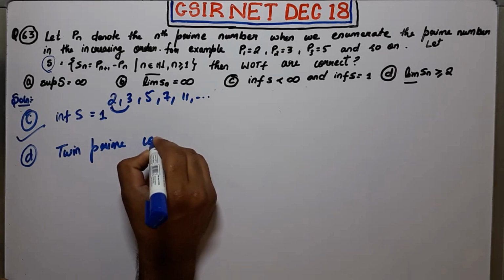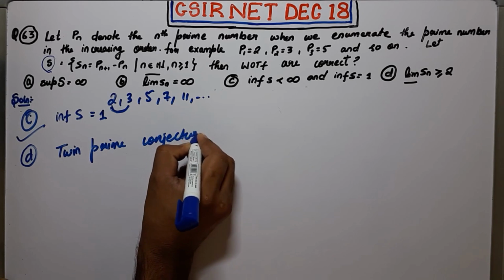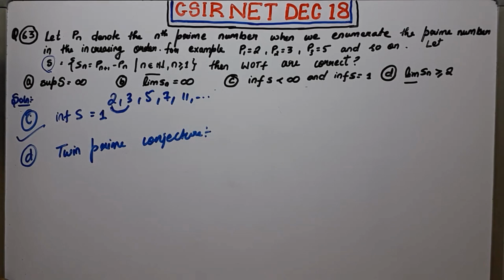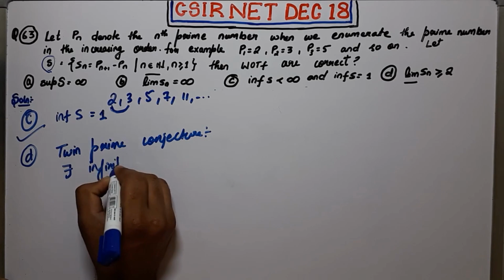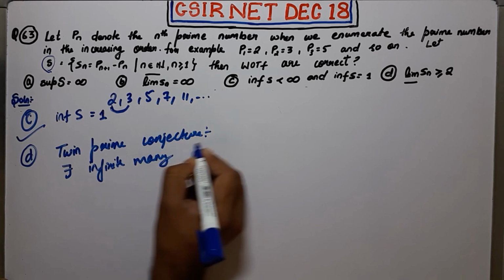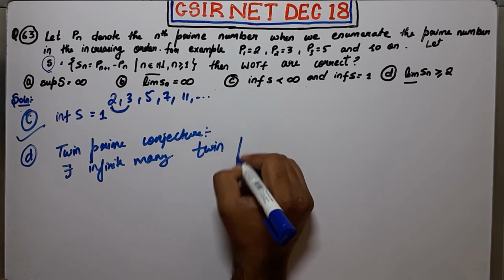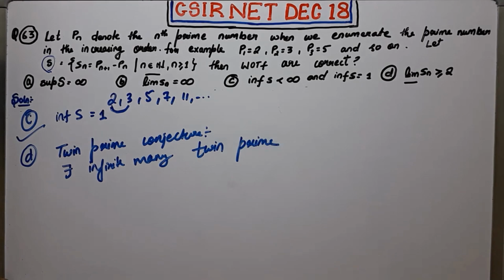This you must know to solve option D. What does the twin prime conjecture suggest? That there exist infinitely many twin primes.